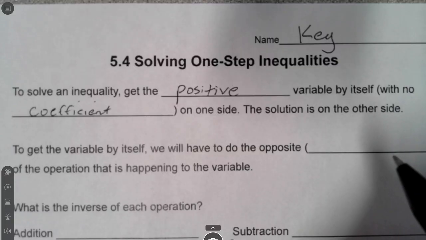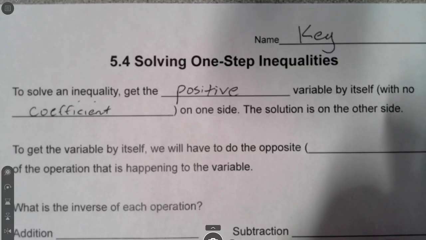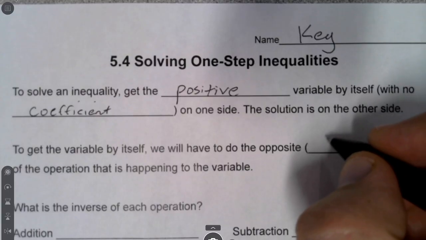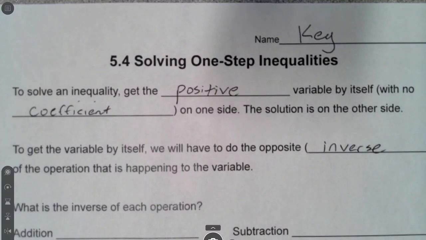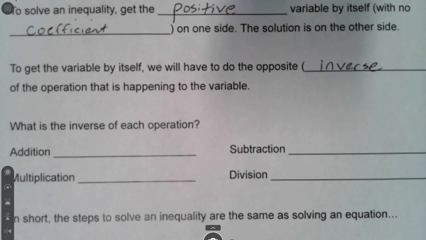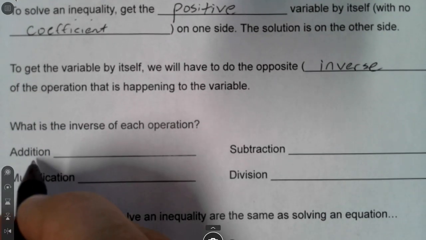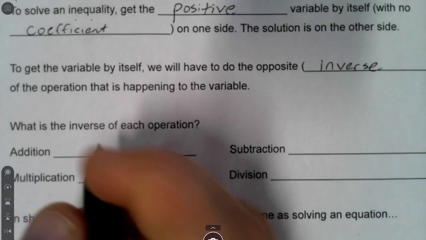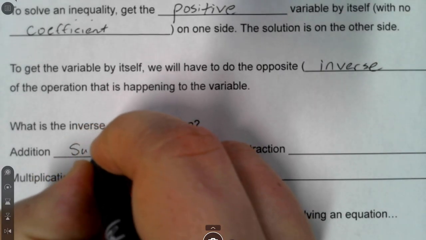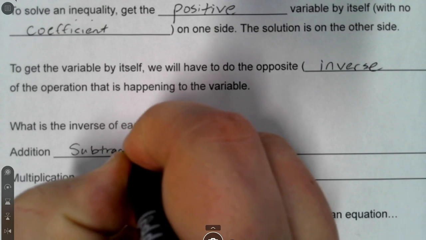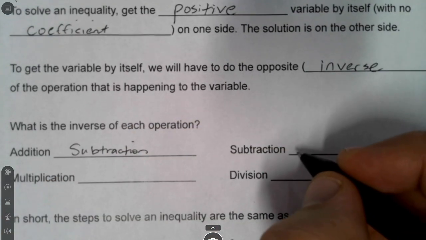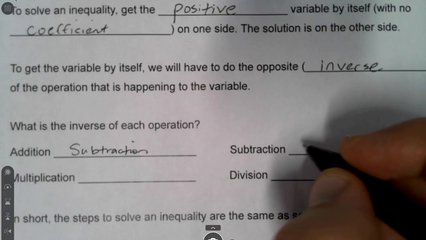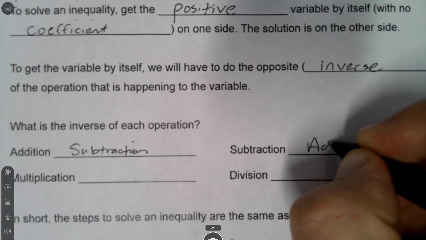To get the variable by itself, we will have to do the opposite or the inverse operation that is happening to the variable. So if something is being added to the variable, we want to do the opposite and do subtraction. If subtraction is happening to the variable, we want to do the opposite and do addition.